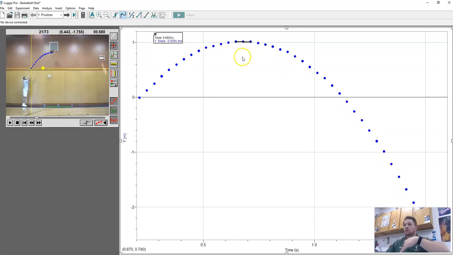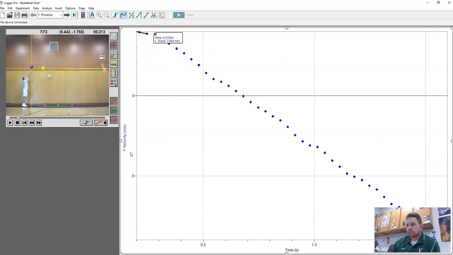So our velocity graph is going to start with a big positive. It's going to steadily go down to 0, and then cross that 0 line and go negative. So let's see what the velocity graph looks like. Yeah, it looks pretty much like we talked about.